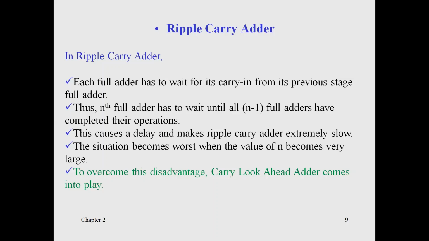Now, we talked in the previous video regarding the parallel adder. In a parallel adder, we have seen the carry out of each stage is connected to the carry in of the next stage. The sum and carry out bit of any stage cannot be produced until some time after the carry in of that stage occurs. Why is this happening?